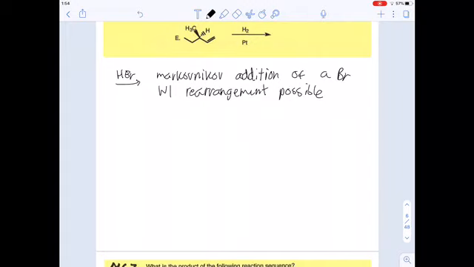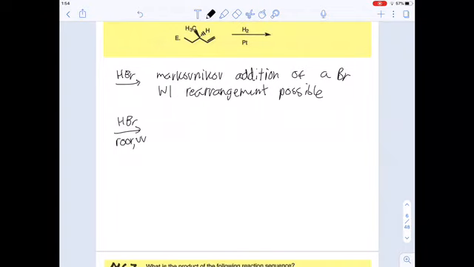With rearrangement possible because of the carbocation intermediate. So when I say the Markovnikov addition, I mean the more substituted side of the double bond will take the Br. If it's anti-Markovnikov, that means the less substituted side of the double bond will take the Br.